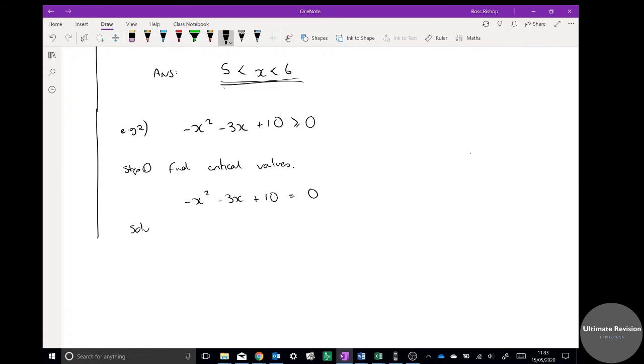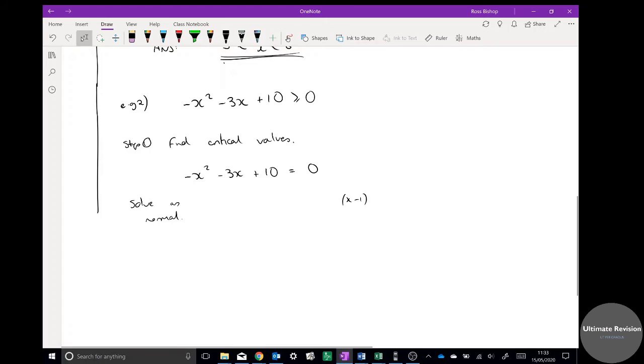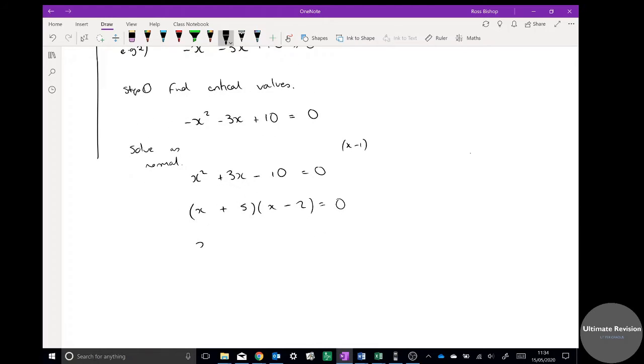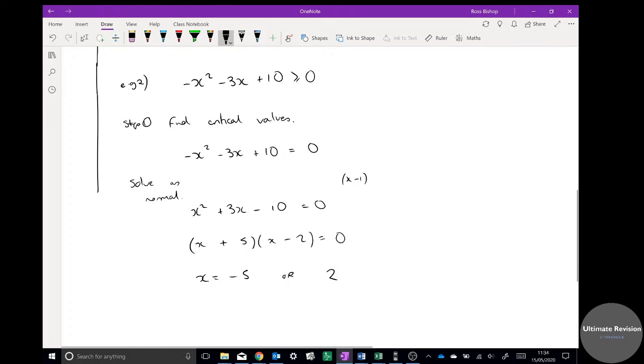There are lots of different ways of doing this. I'm going to multiply the whole thing by negative 1. Solve this, it factorizes nicely. So x is going to equal negative 5 or 2. Okay, they're my critical values.